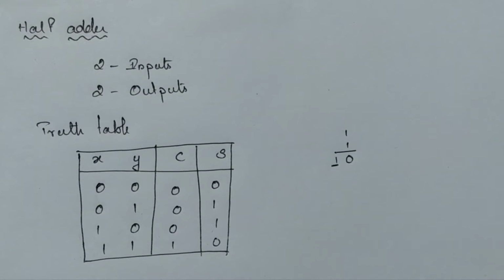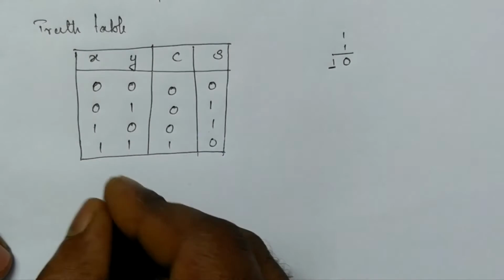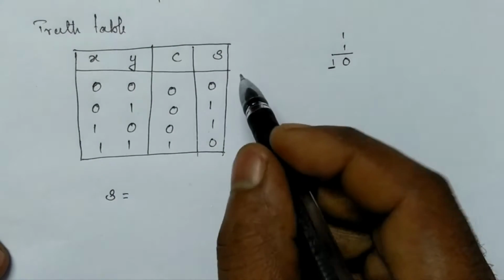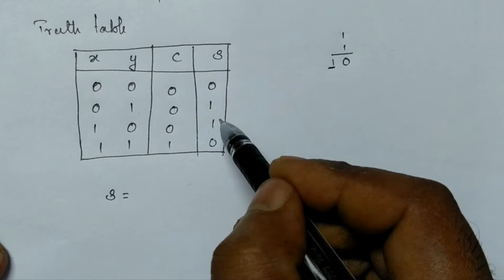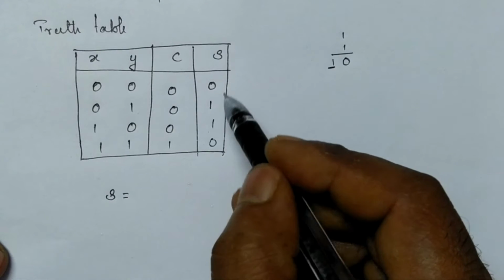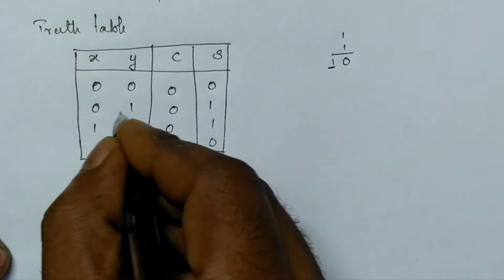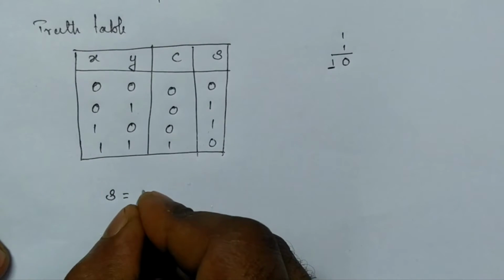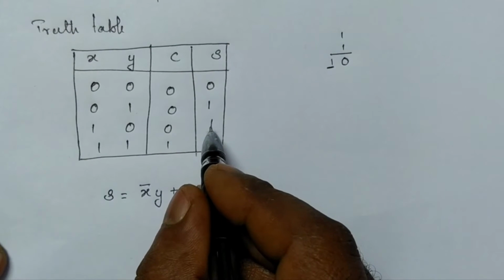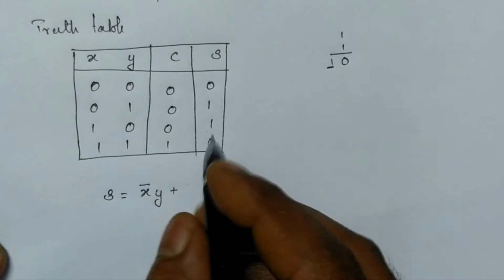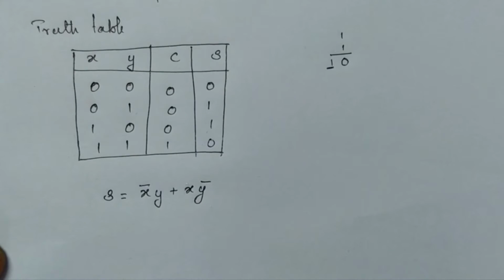Now we need to go for designing the circuit using this truth table. First I am going for sum. For sum, at these two places the output is equal to 1. Therefore sum in sum of product form: the respective input is x bar y, plus again another 1 at output, whose respective input is 1 0, which is x y bar.